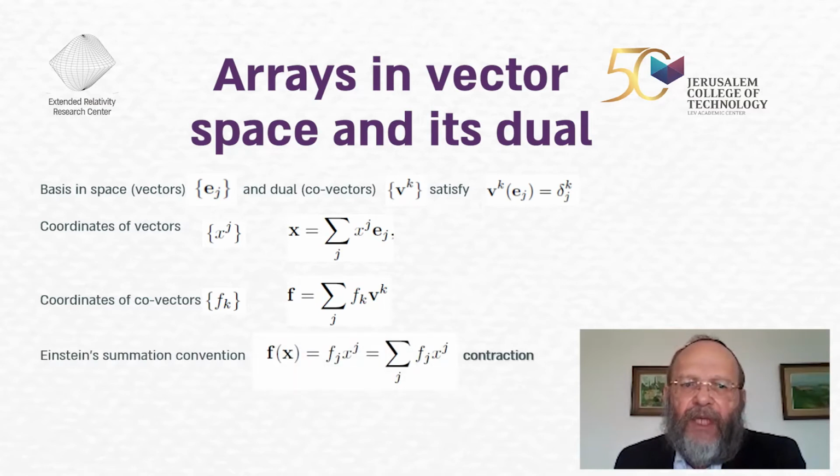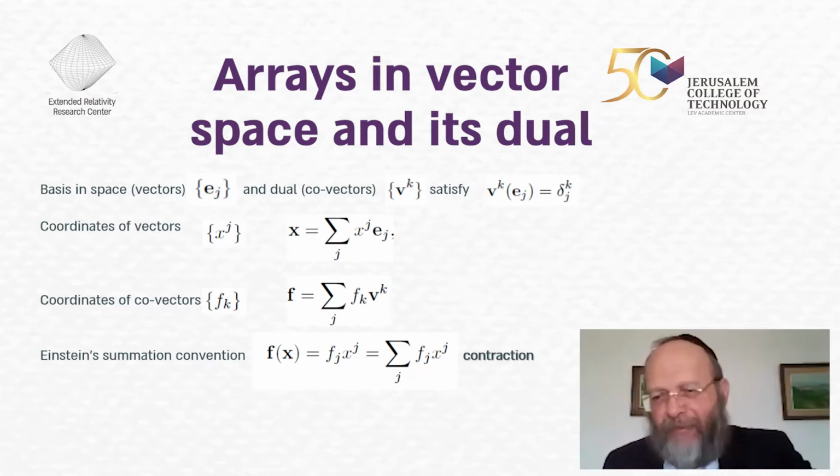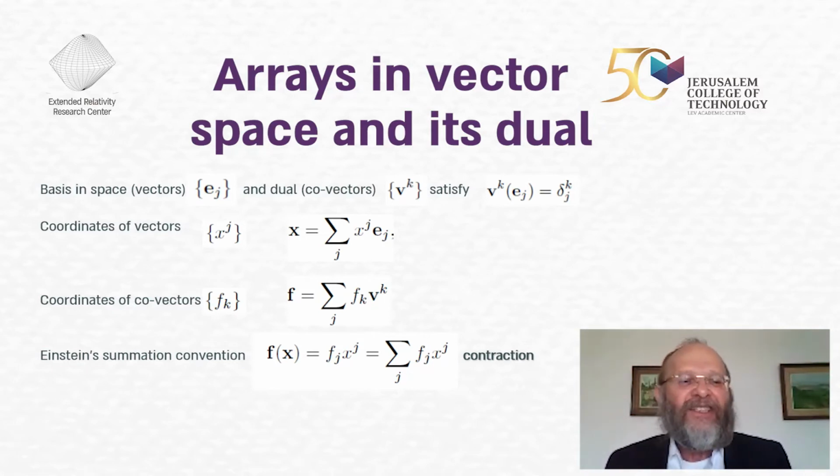Okay, Einstein's summation convention. That's one of the big things that Einstein brought in. Otherwise, all the papers had a lot of sums, and in GR they had to have 3 or 4 sums, so it became almost impossible to see what the formula is.